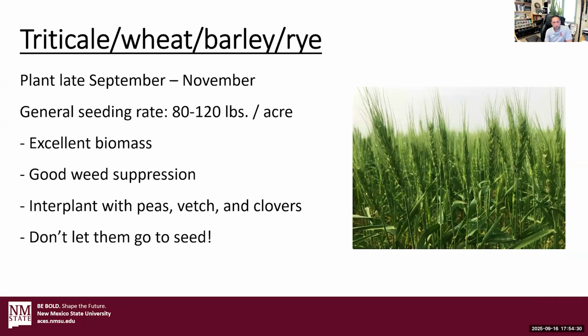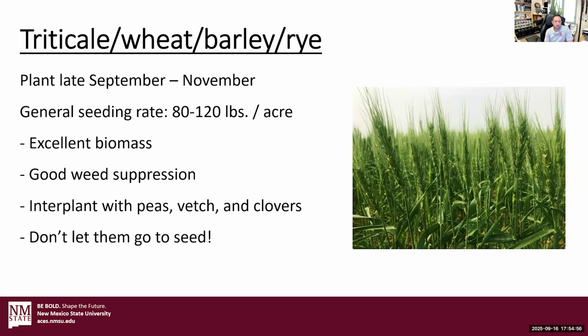For triticale, wheat, barley, or rye, you really want to plant these late September through November. I'm going to provide some general seeding rates. Again, it all sort of depends on your production system, but if you plant between 80 to 120 pounds per acre, generally that's a good start.